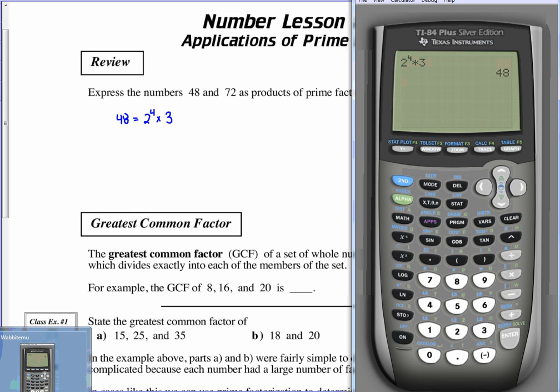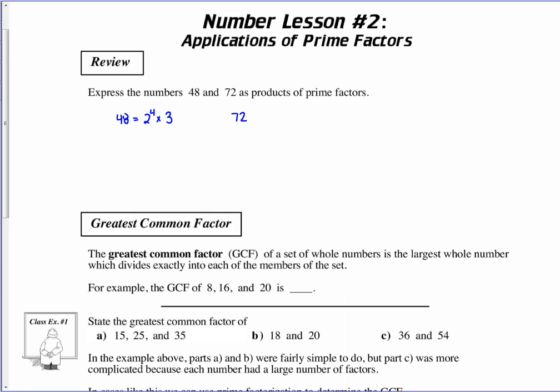So let's do 72, because we haven't done 72. You can either do tree or division. I'll write both, you choose which way. It's even, so 2 can go into it. How many times? 36. 2 goes into that.